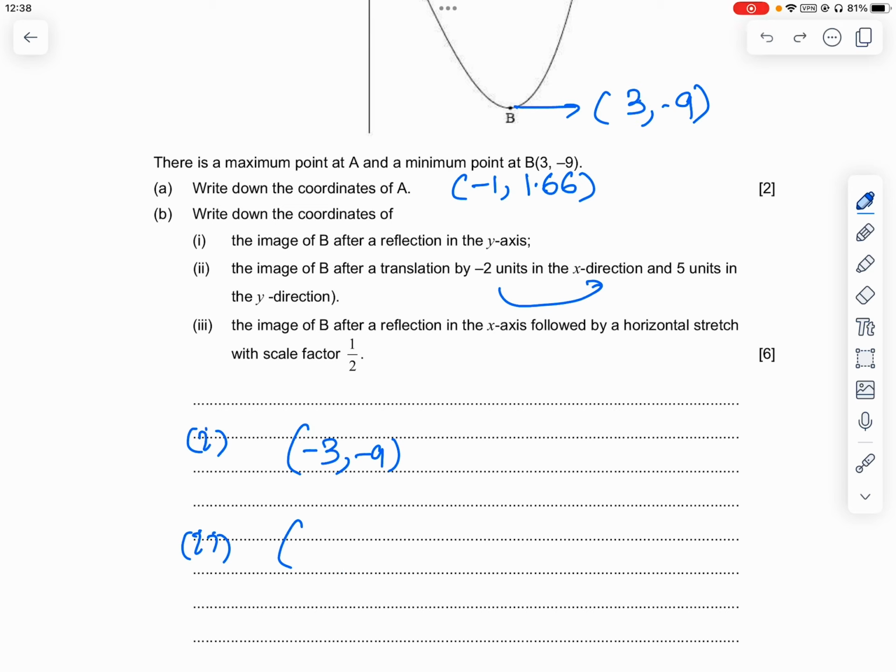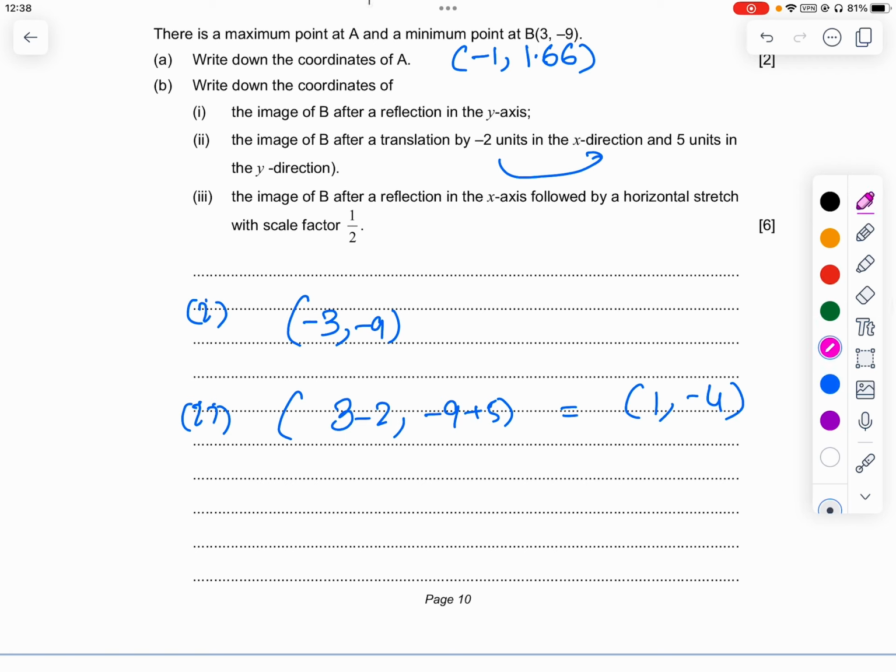So let me write it out over here: 3 minus 2 comma minus 9 plus 5. So what is my answer? 1 comma negative 4. Next one is reflection on the x-axis. So 3 comma negative 9 will become 3 comma 9 and scale factor of 1 upon 2. So my final answer is 3 upon 2 comma 9.